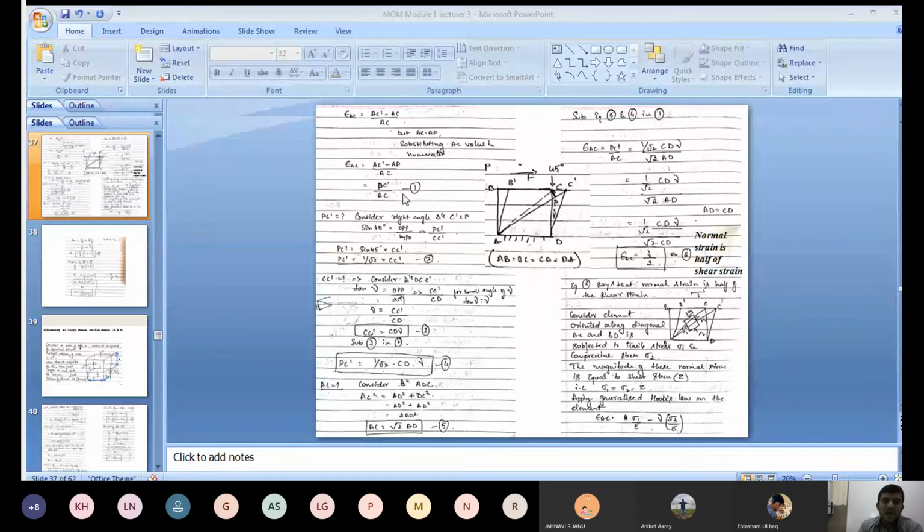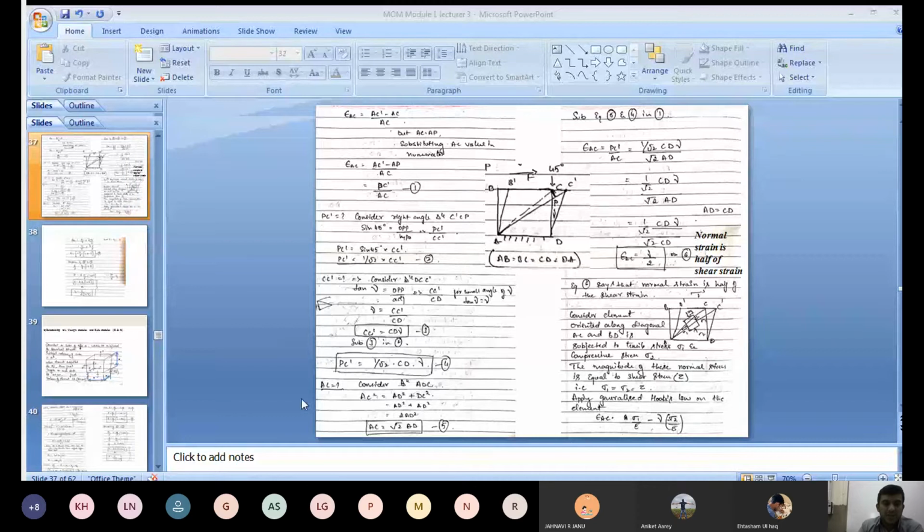It says that the square of the hypotenuse side is equal to the sum of the squares of the two adjacent sides. That is AC square is equal to AD square plus DC square. As you know, AB is equal to BC, BC is equal to CD, CD is equal to DA. Now we can take CD is equal to AD. AD square plus AD square gives 2 times AD square. Finally, AC is equal to square root of 2 into AD. That is equation number 5.